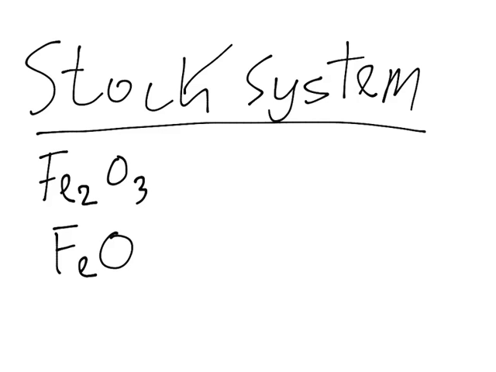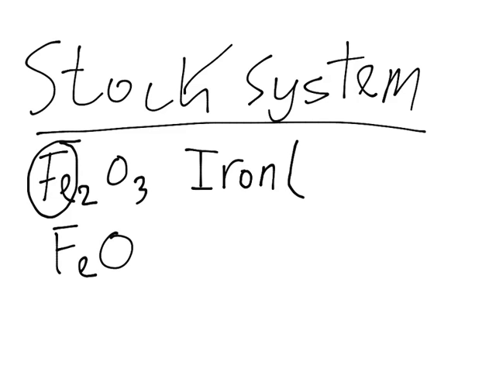So the way you're going to name this compound is, first you're going to write the name of the element that is the metal. So in this case, iron. And you're going to open parentheses and write the charge of the metal in Roman numerals, which would be this 3.